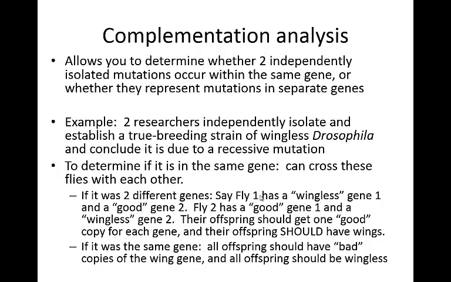Again, assuming that this would be homozygous recessive previously, and that the dominant would be that they would have wings. If it was the same gene, it really wouldn't matter if you cross them together, because regardless of which version, they're both getting bad copies of that same gene, and all of their offspring would be wingless.